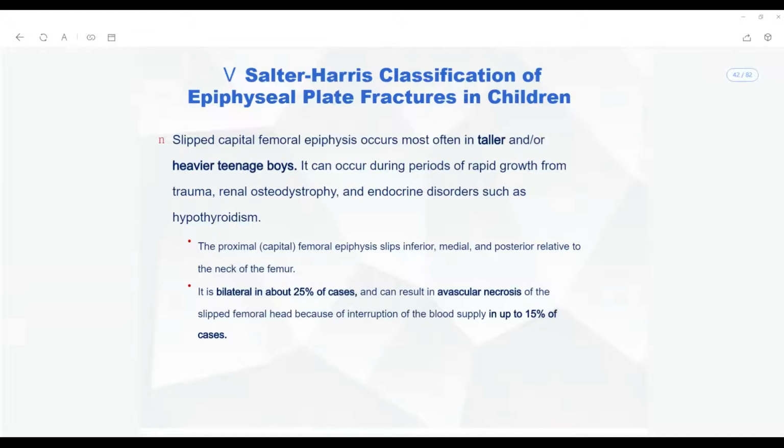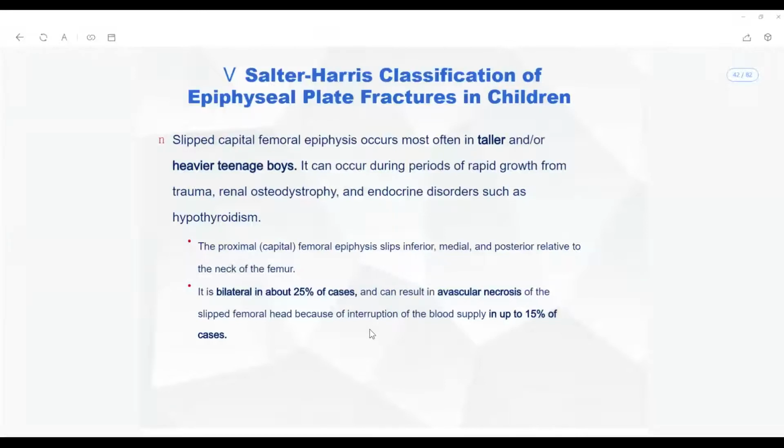Okay, right. And then we can also see that in 15% of the cases the blood supply is compromised, which is the reason for avascular necrosis. So remember, avascular necrosis generally happens in teenage boys, and it is related to compromise of the blood supplied by the nutrient artery towards the epiphyseal plate.